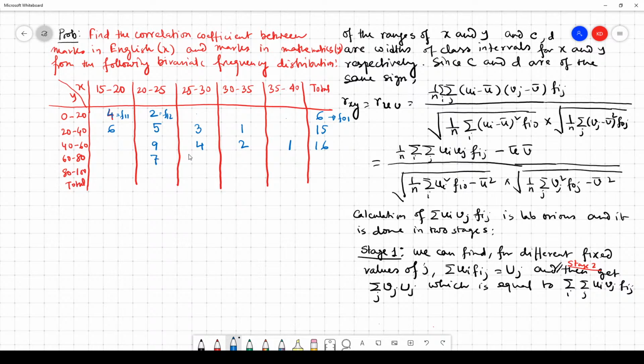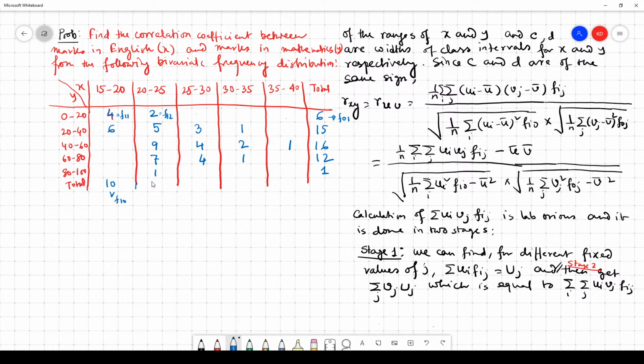Then 7, 4, 1, 12 total frequency. And this is 1. And 10, this represents F1 naught.